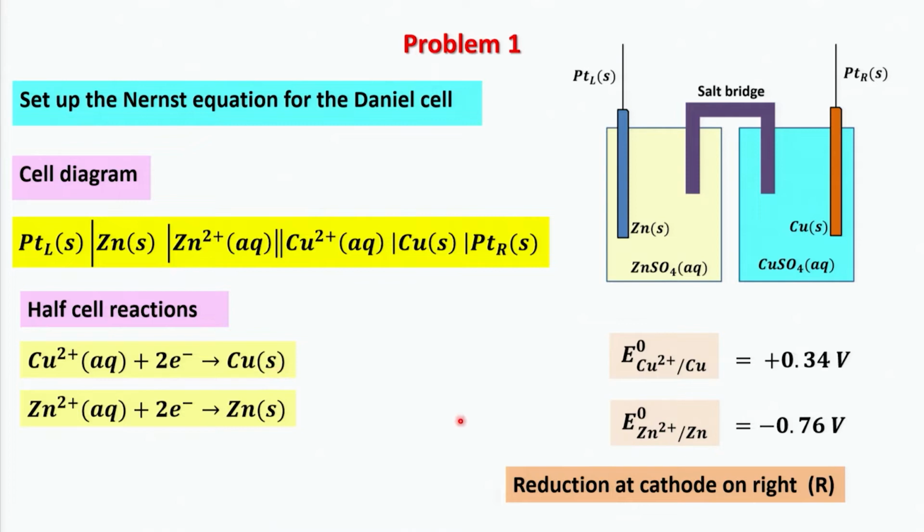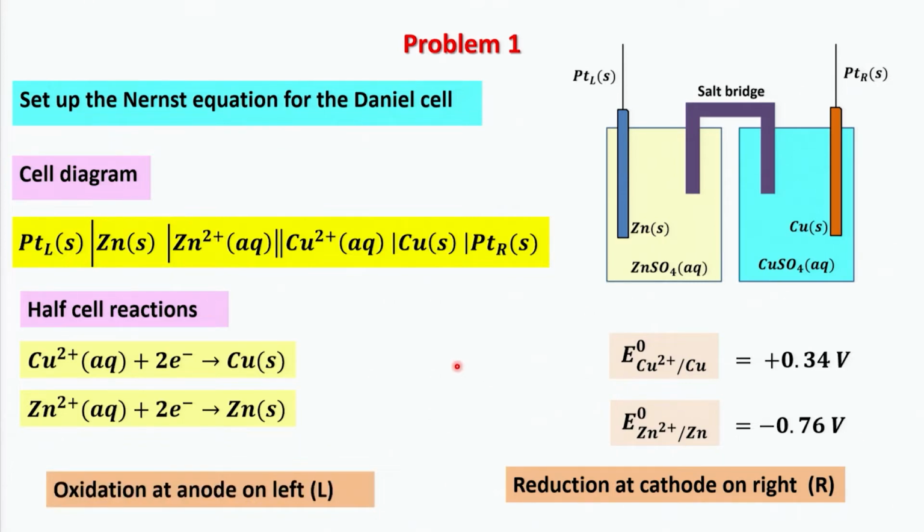Now, what will happen to the left hand side compartment? Obviously, there will be oxidation at anode on left. This is the convention that we are going to follow in accordance with the standard notation of electrochemistry, which is practiced these days: reduction on the right, and reduction happens at the cathode.